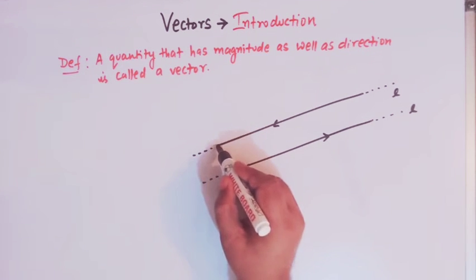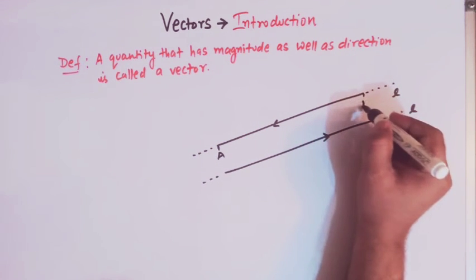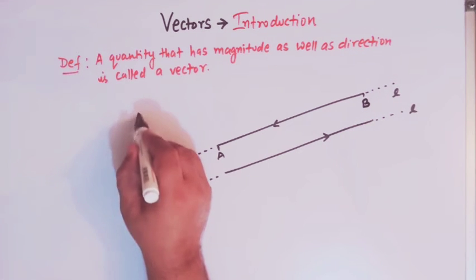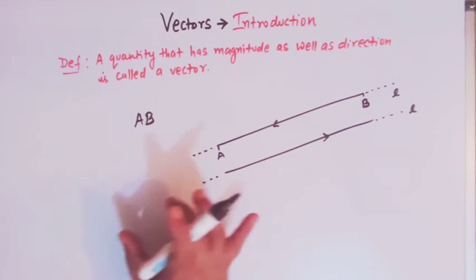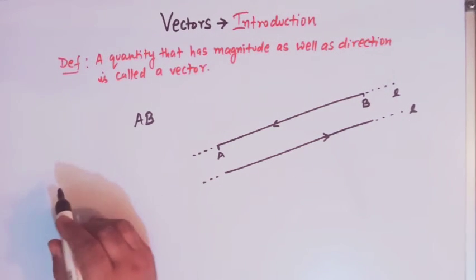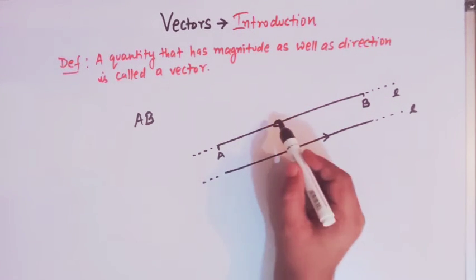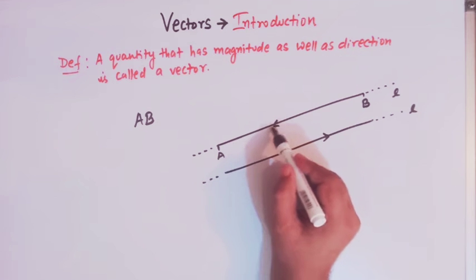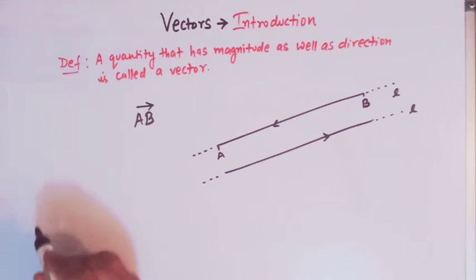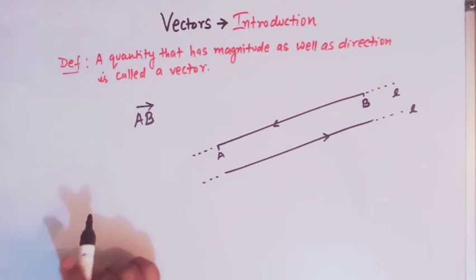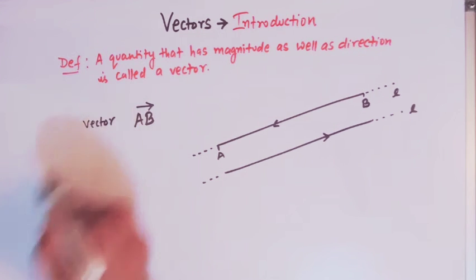Suppose here I take point A, and a point B. Then AB is a line segment and it has a definite length. This directed line segment has direction as shown here, and it is known as a vector.